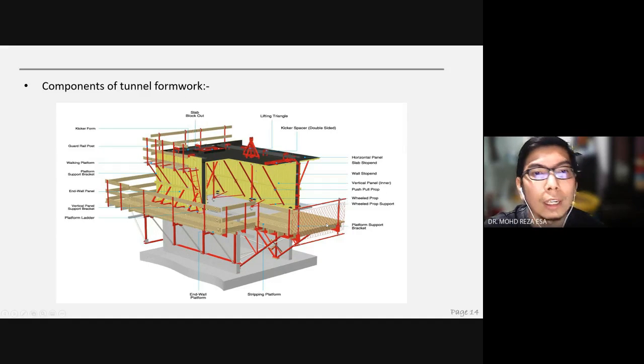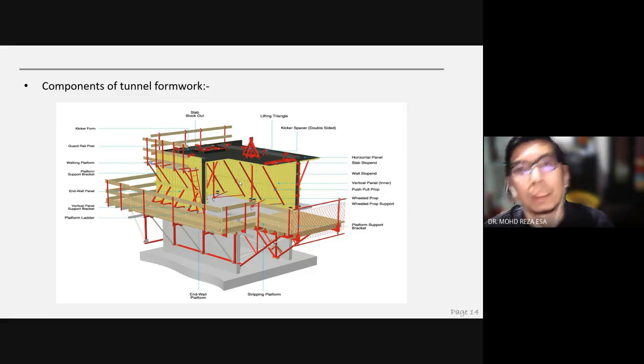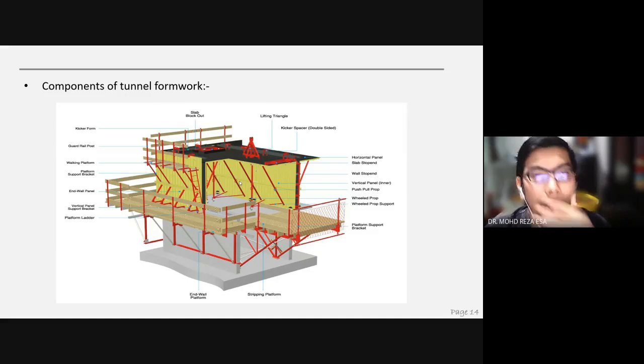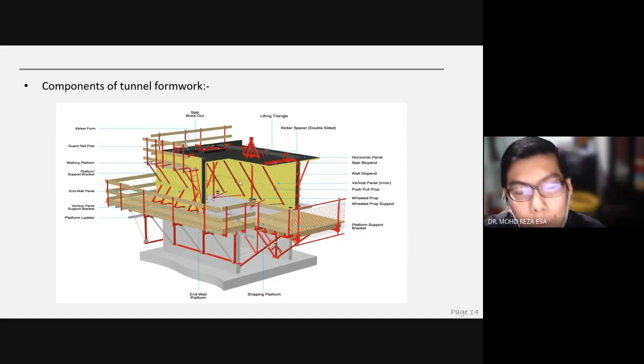Tapi komponen dia lebih compare to wall formwork, sebab tunnel formwork ni in terms of sizing dia lebih besar sebab dia bentuk tunnel, so sizing dia lebih besar compare to wall formwork tadi. Wall formwork tu lebih bentuk sheeting, kepingan besi ataupun panel saja kita pasang. Tapi untuk tunnel ni dia lebih bigger in shape and also sizes.